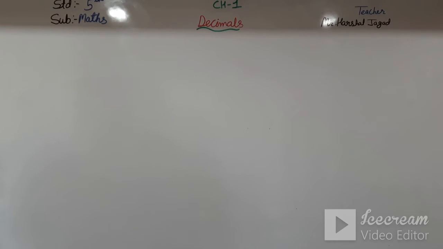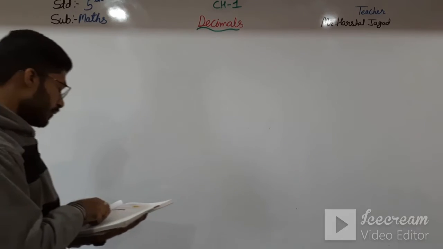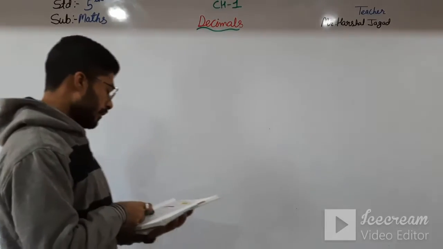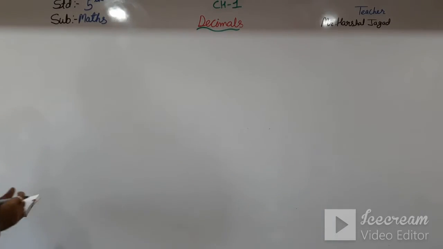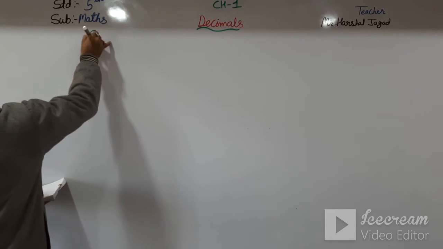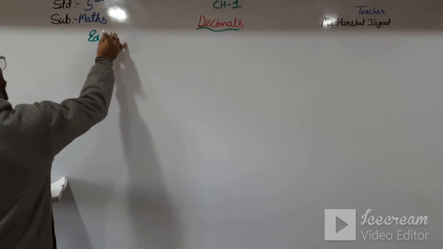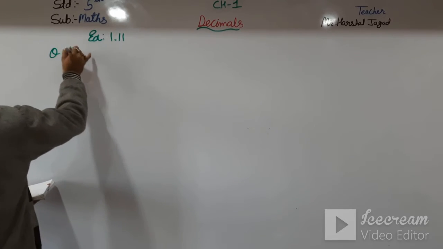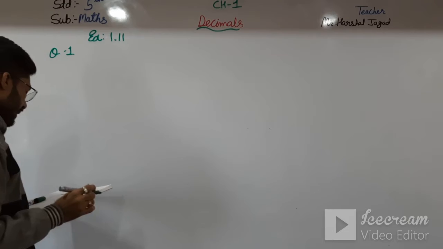So here some heights are given, and we have to find what is the total height, who is the tallest, who is the shortest, and what is the difference between the tallest and the shortest. So exercise 1.11, question number 1.